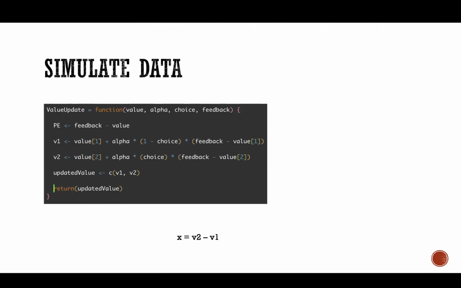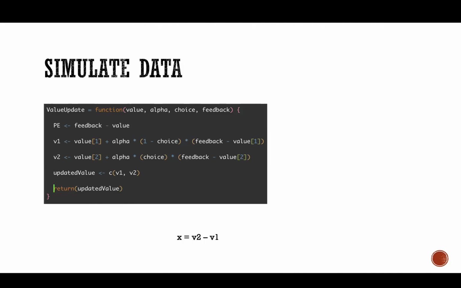I could have actually simplified it with the other one. Oh, no, sorry, I couldn't have simplified. So usually we would have alpha times feedback minus value. But here, since we're separately updating the value of the two choices, we are saying there should be an update when choice is 0, in which case this becomes 1.